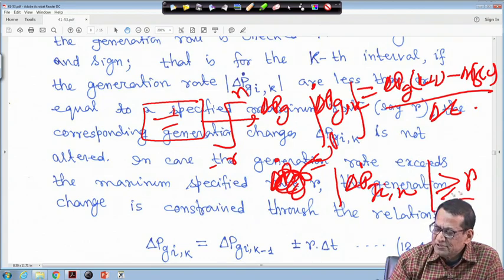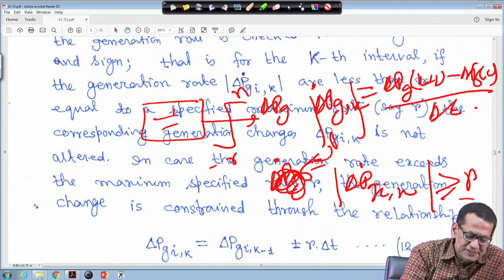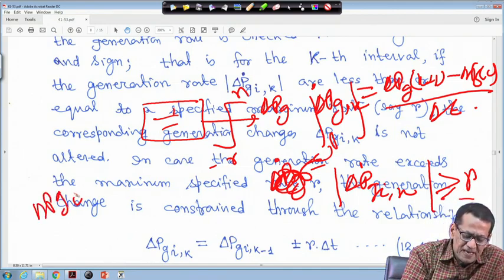So, it is not violating the constraint. If the absolute value is greater than R, then you check whether it is positive or not, that is, whether delta Pgi k dot is greater than 0.